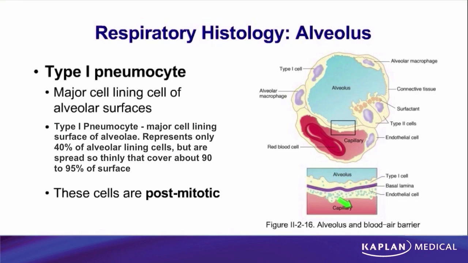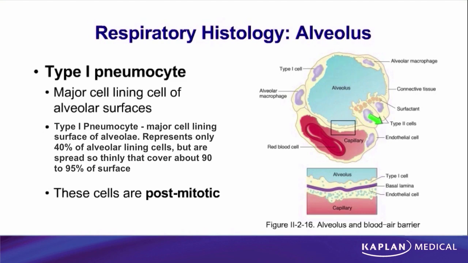Now, in addition to these very thin epithelial cells, thin squamous epithelial cells, which are called type 1 pneumocytes, we have these other epithelial cells here that are not nearly so thin. They're really quite thick. They're called type 2 pneumocytes.